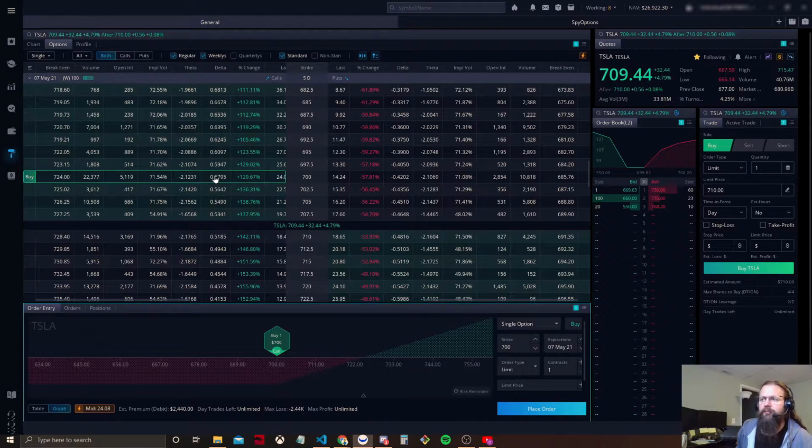But also in terms of percentages, you can look at this as the odds in your favor or against you, depending on the situation. So a delta of 57, pretty good odds that this is going to stay in the money. Pretty good odds that we could go up to 724 by the end of the week.